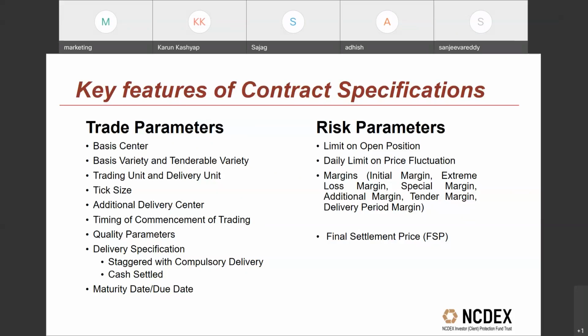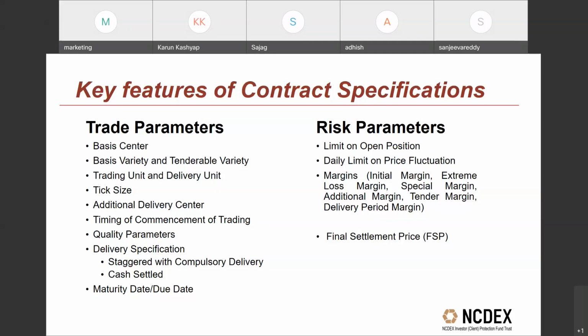And additional delivery centers: like we have said basis center, then there are other prominent centers which we include for delivery. Then timing of commencement of trading means the date on which this futures contract will start trading. Quality parameter we have discussed.